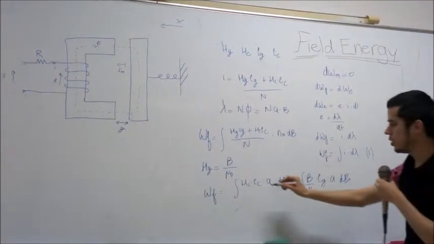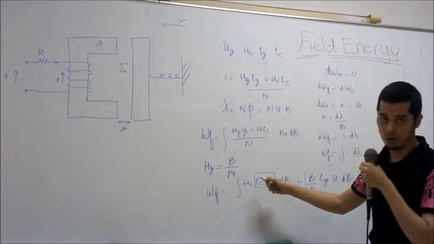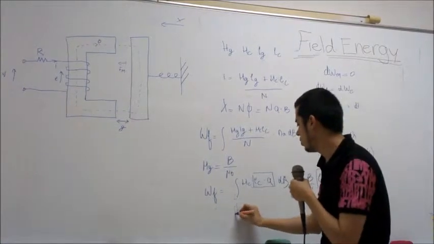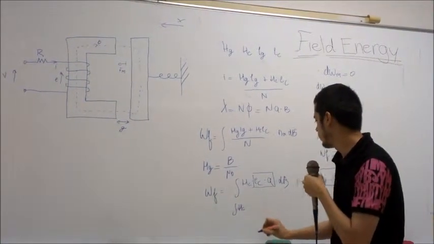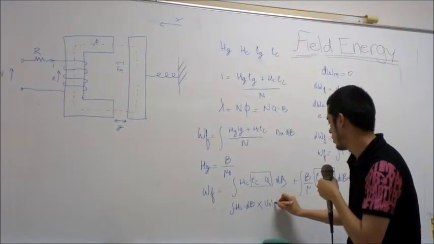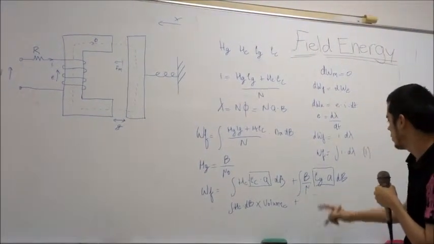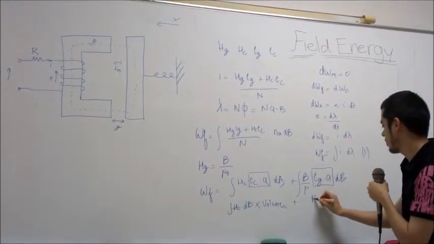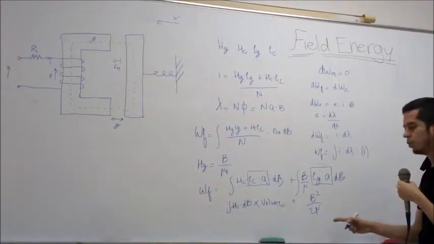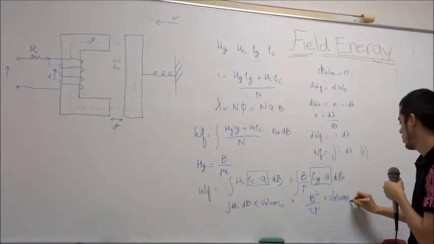Now if we look closely, we see that this is nothing more than the volume of the core, and this is nothing more than the volume of the air gap. So we can write this as the integral of Hc dB times the volume of the core, and this is B squared divided by 2 mu 0 times the volume of the air gap.